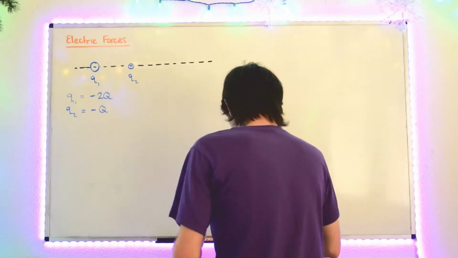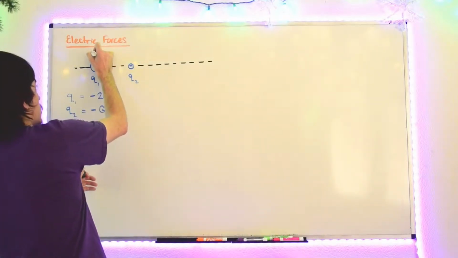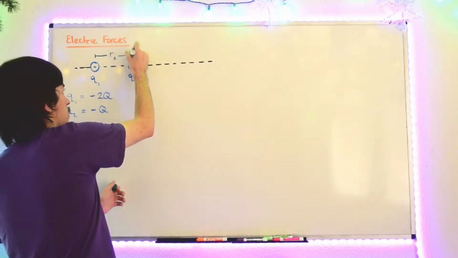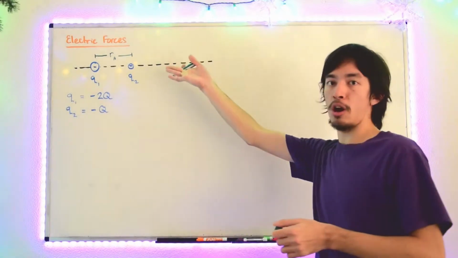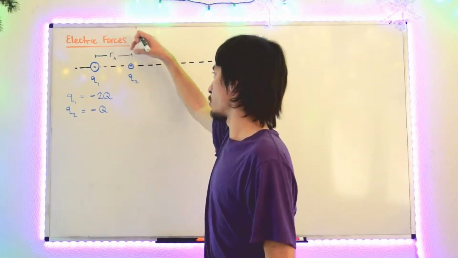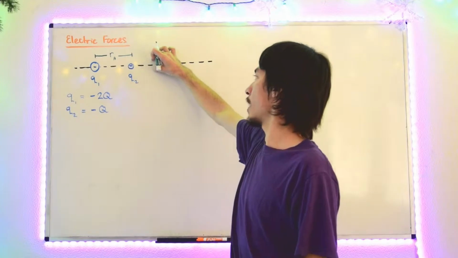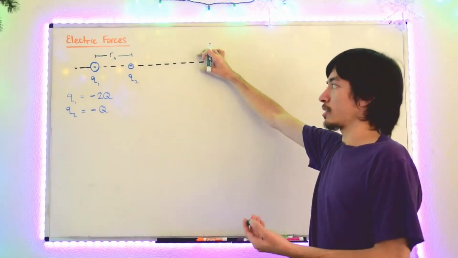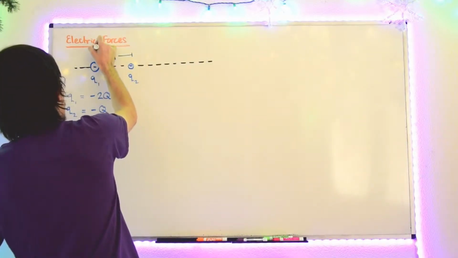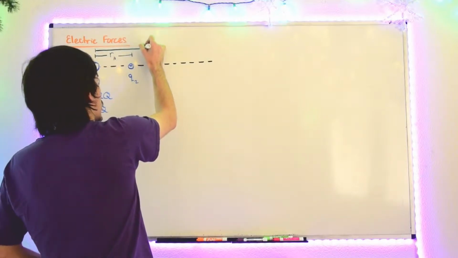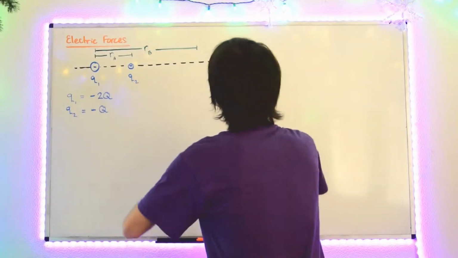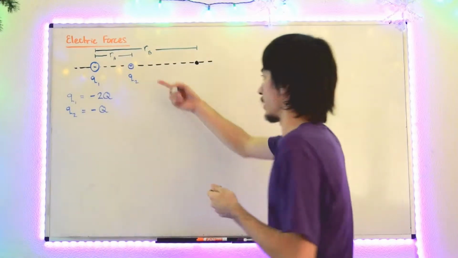Now, we know that the initial distance between these two, let's call it R subscript A. In other words, this is the distance R in, let's call it, situation A. What we're going to do is transition from situation A, and take this smaller charge and slide it out further to a larger distance, and it's going to be called situation B. So there is such a distance, from this larger charge all the way out here, call it R B, to some location which is now 30 centimeters away compared to it being previously 10 centimeters away.